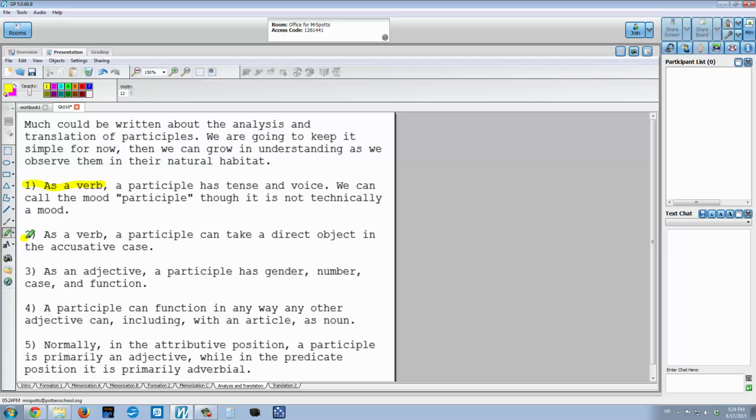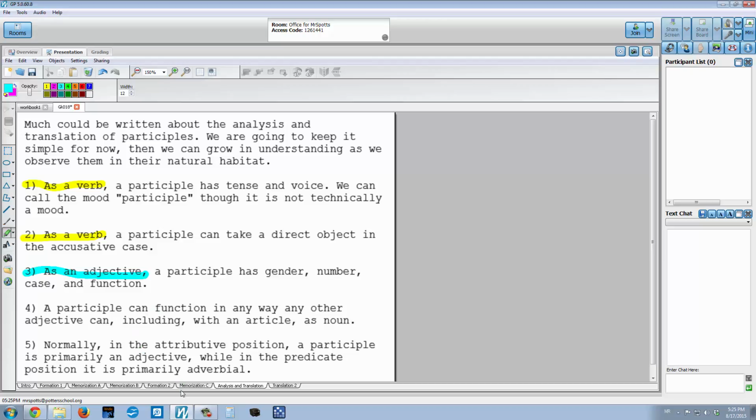As a verb, a participle can take a direct object in the accusative case. All right, that's fine. Sorry, my telephone has started talking to me, but it'll go away. That's as a verb. Now, as an adjective, a participle has gender, number, case, and function. Remember, it is part verb, part adjective.